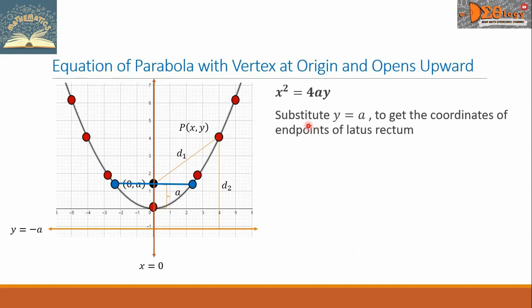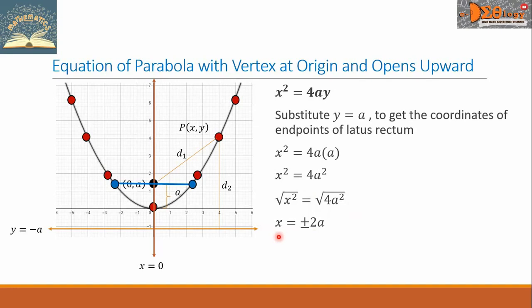Let us now substitute y equals a to get the coordinates of the endpoints of the latus rectum. Again, this is our latus rectum. So x squared equals 4ay now becomes 4a times a. Multiplying a and a, we have a squared. To simplify this equation, let us take the square root of both sides. So we have the square root of x squared equals the square root of 4a squared.